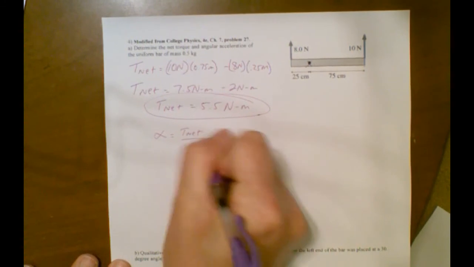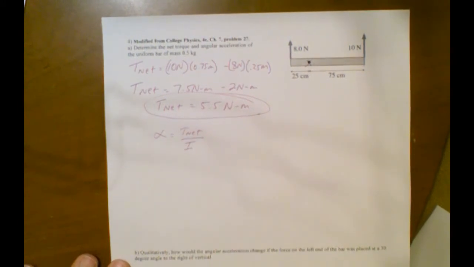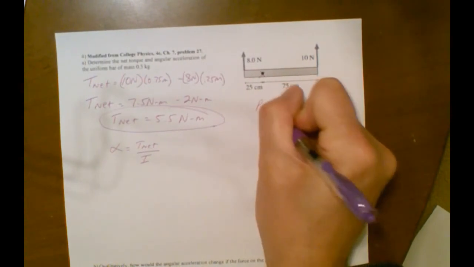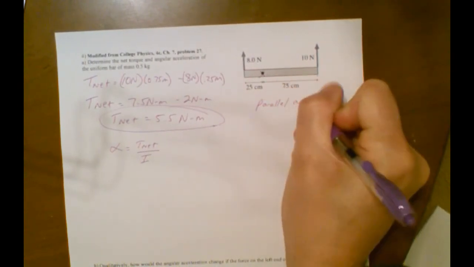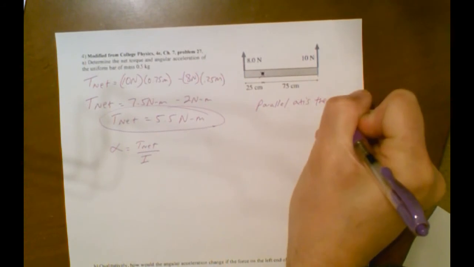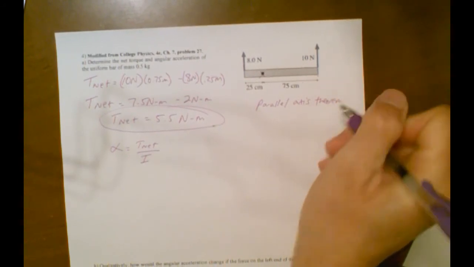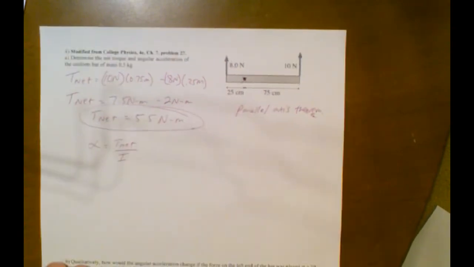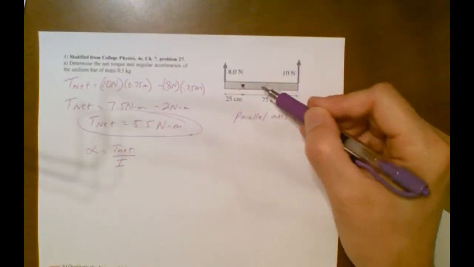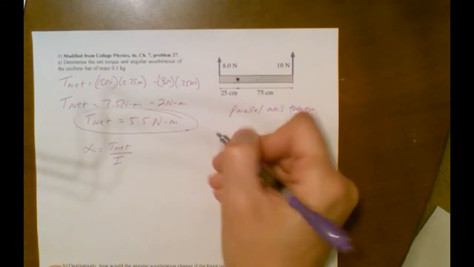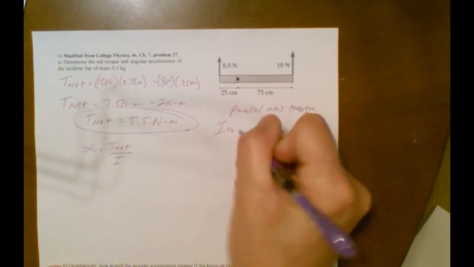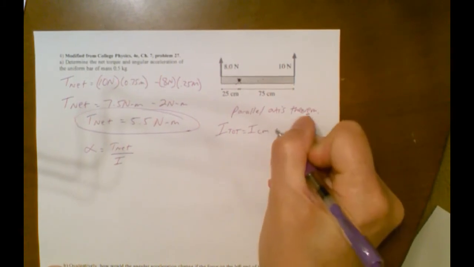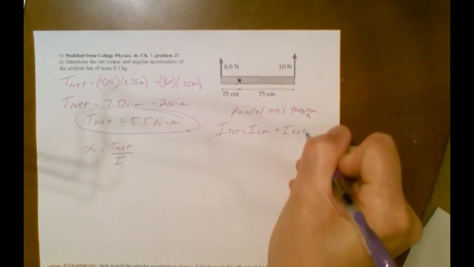tau net over I. All right, so this gets a little tricky again. It's another example of the parallel axis theorem. But this is not rotated about its center of mass. So I'm going to say that the total moment of inertia is I about the center of mass plus I extra.